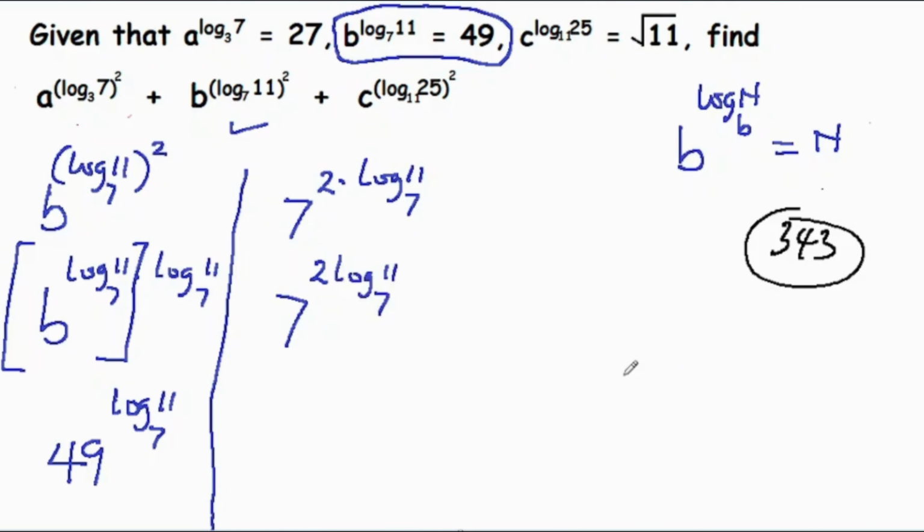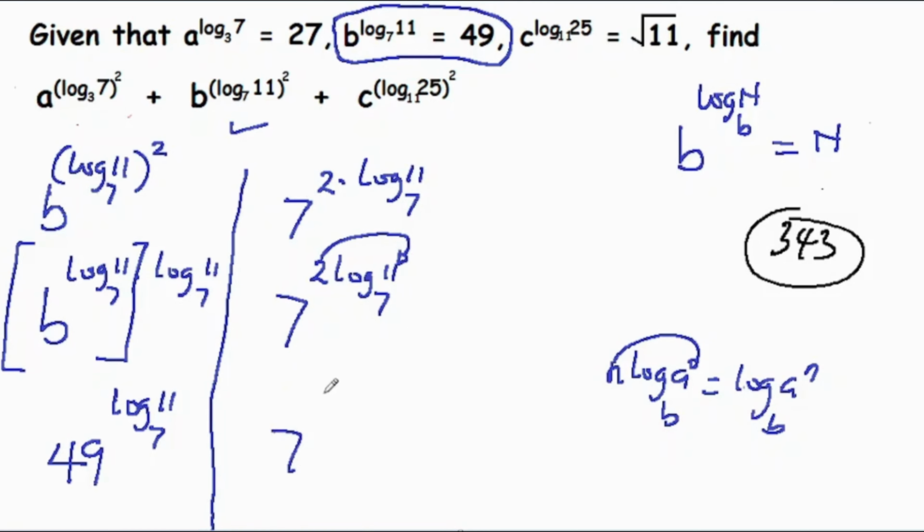So recall the power rule of logarithm, where you have n log a base b, and you're going to have log a raised to the power n base b. So this flips to the other side. So 2 will also come up here and become power. So you're now going to have 7 raised to power log 11 squared base 7.